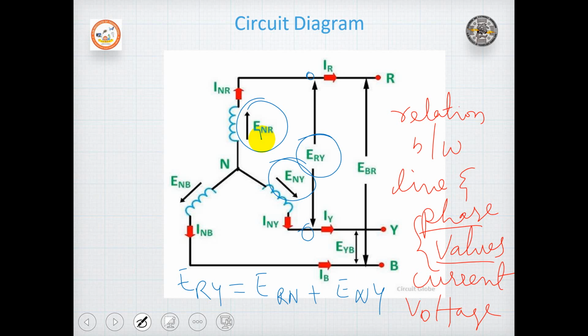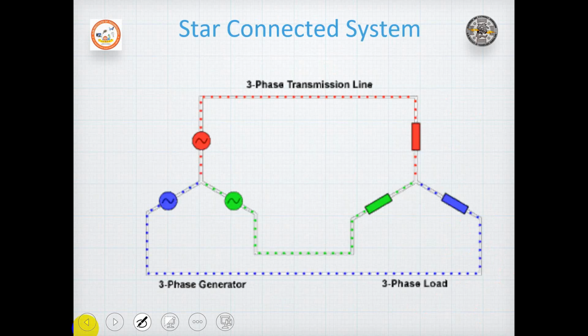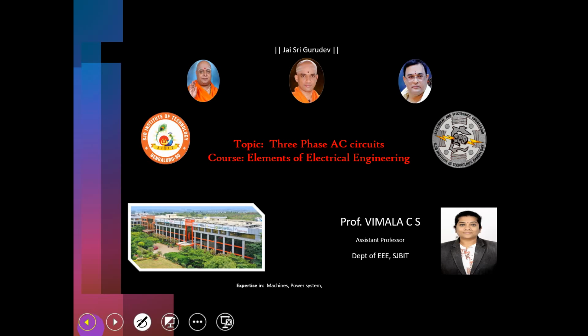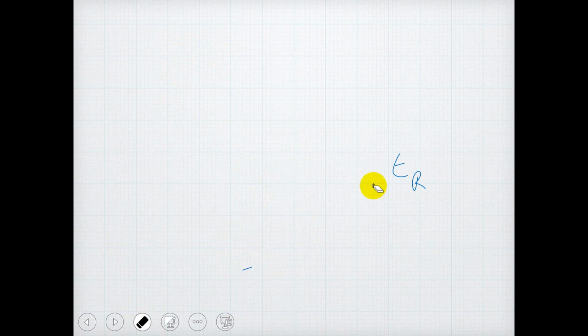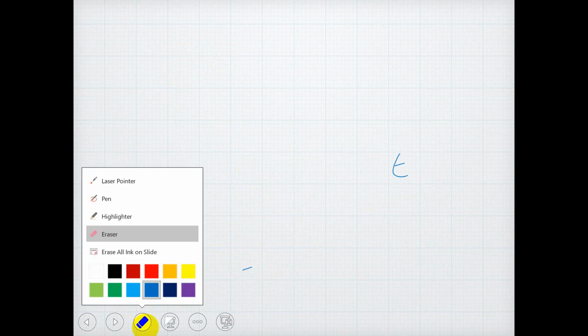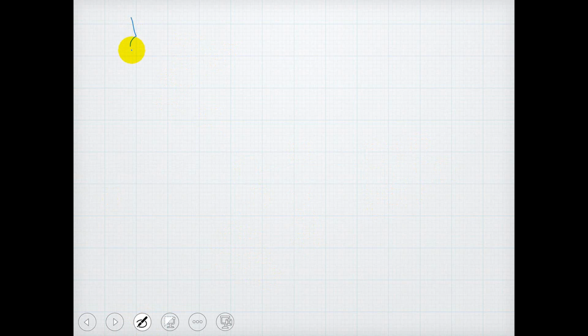Let us take the other circuit which I have written. For that, let me redraw this, as previously I had written.